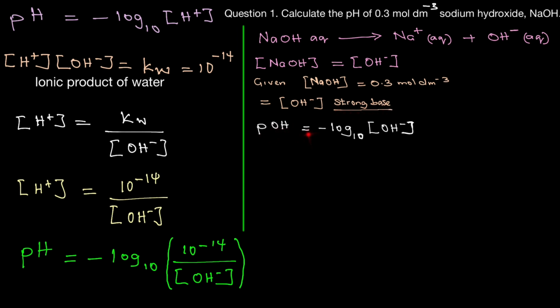pOH equals minus log base 10 of concentration of OH minus. pOH equals minus log base 10 of 0.3, and that gives 0.52.